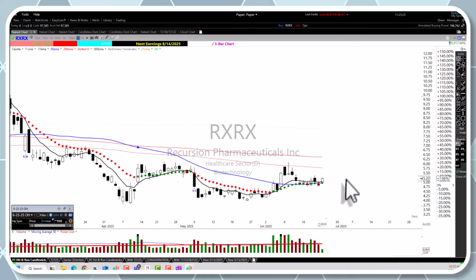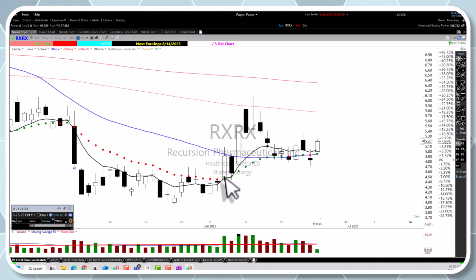RXRX. Look at that. There might be things about this chart that some people don't like, but if we clean things up a little bit, you've got to love the big bull run. You've got to love the pullback. So where are you going to buy it? Now, here's one where it failed, right?